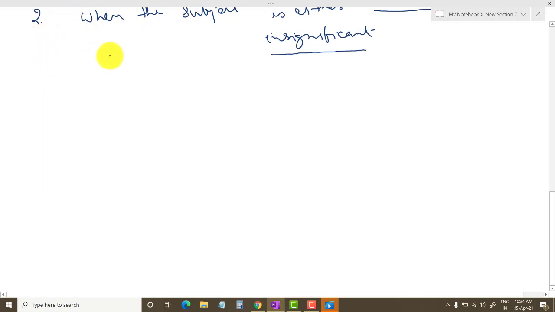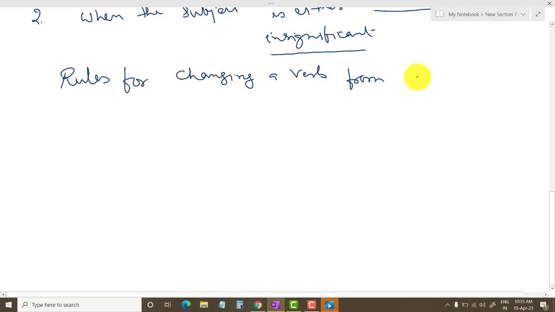Now, after the use of the passive voice, we will move forward to the rules for changing a verb from the active voice into the passive voice.